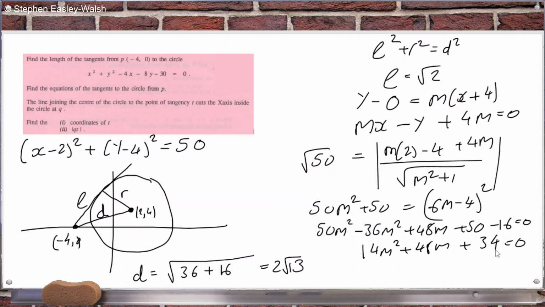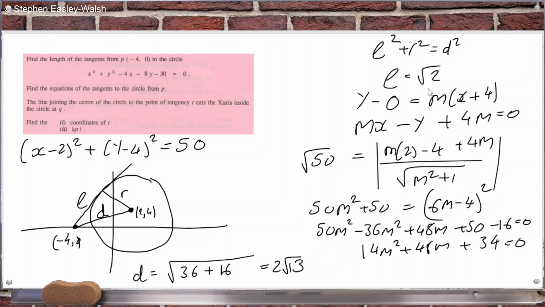That doesn't seem right, does it? 2m plus 4m is 6m, minus 4, squared. So that'd be 36m squared. Then twice the first by the second, 12, 48m. Minus 48 becomes plus 48. Then plus 16 minus 16. And so 50 minus 36, and then 50 minus 16. Seems like something went wrong there, huh?